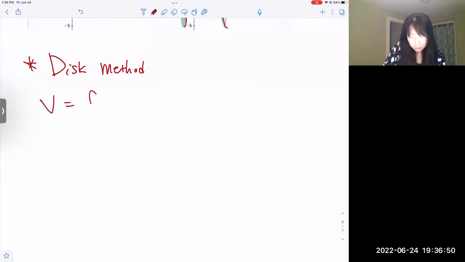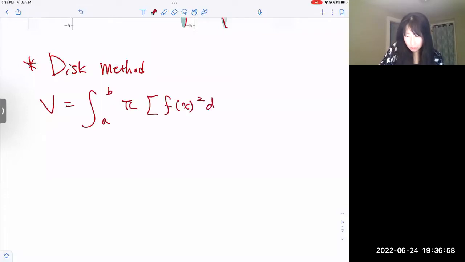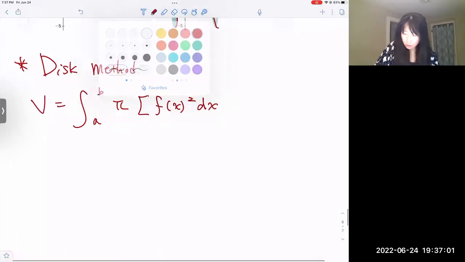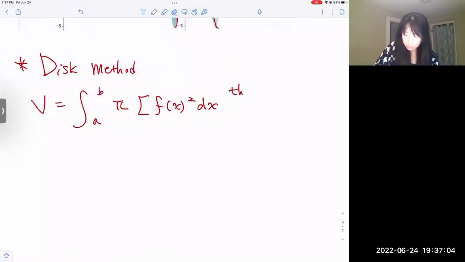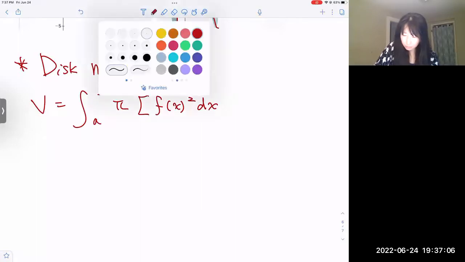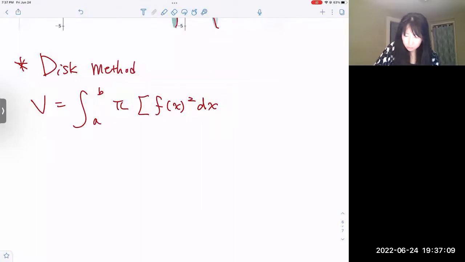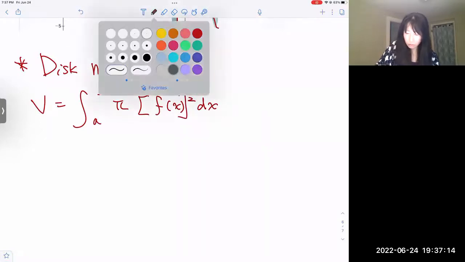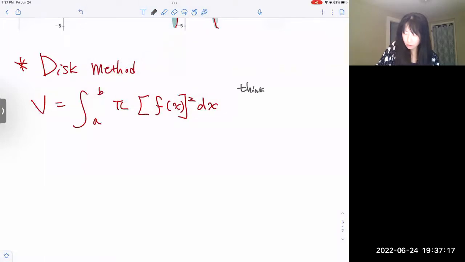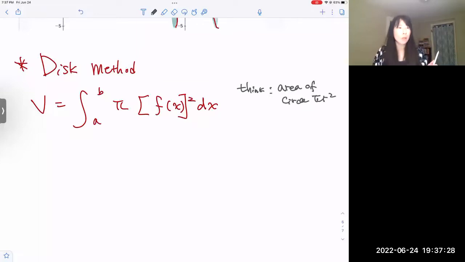The volume from A to B, we have pi and the function squared, okay? Think of the area of a circle. Pi r squared, okay? All right.